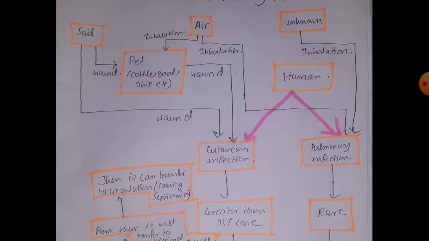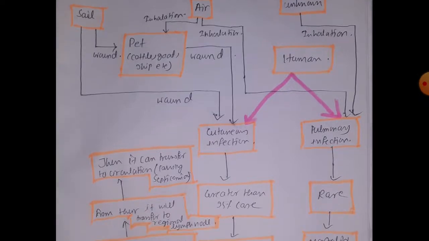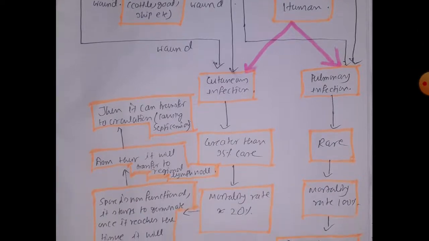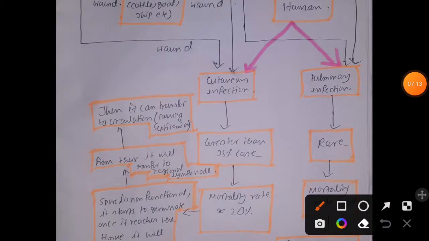So Bacillus anthracis spores are present in soil. From that soil, Bacillus anthracis can be transferred to the human via a wound, or the spores can enter pets via a wound and then be transferred from pets to the human through a wound. Once it enters the human body, the spores are initially in an inactive state.